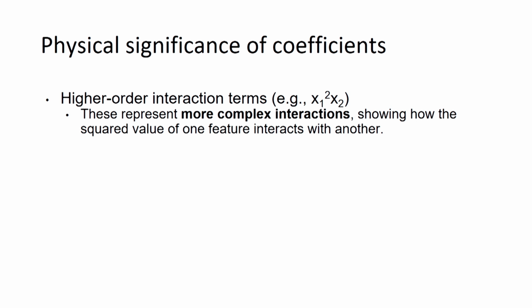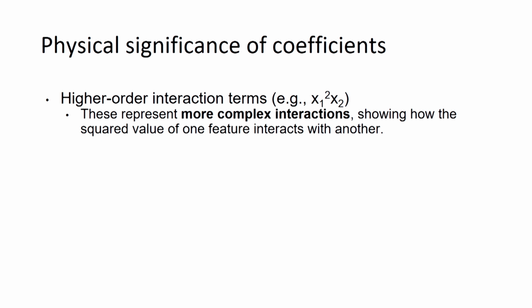Now we will see the physical significance of the coefficients of higher order interaction terms, meaning x1 square x2, or x2 square x1, x3 square, and so on. These coefficients or terms represent more complex interactions.